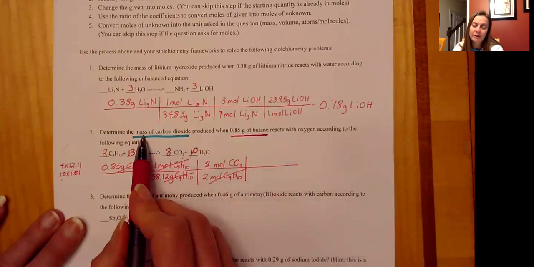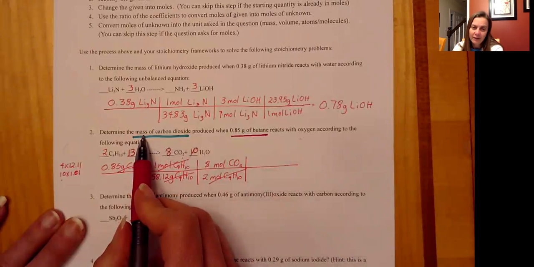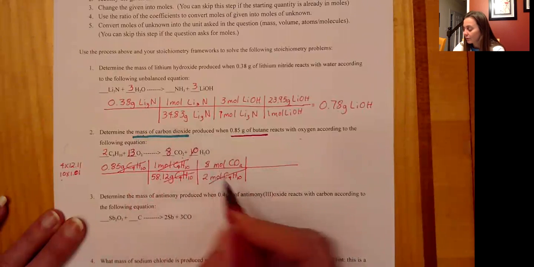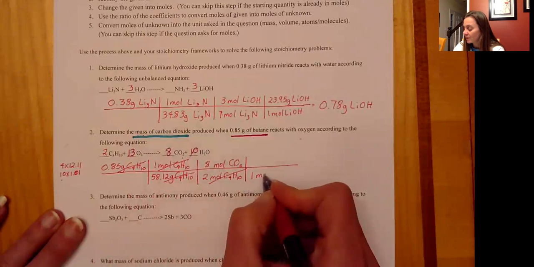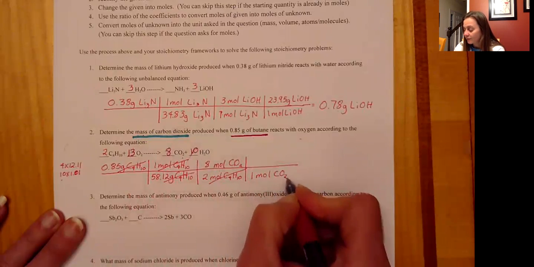So I know I need to find the molar mass of carbon dioxide in order to change from moles of carbon dioxide to mass of carbon dioxide.